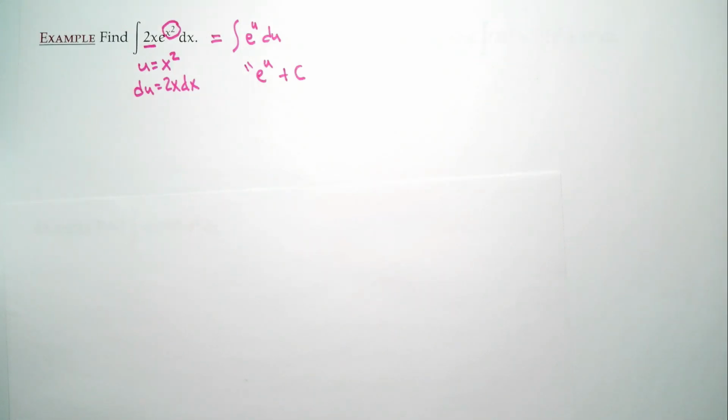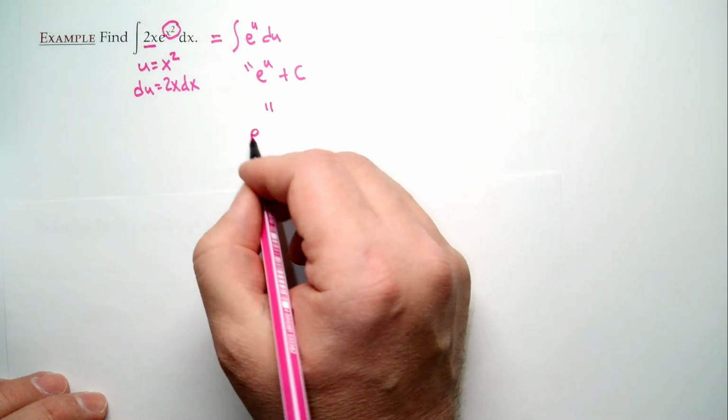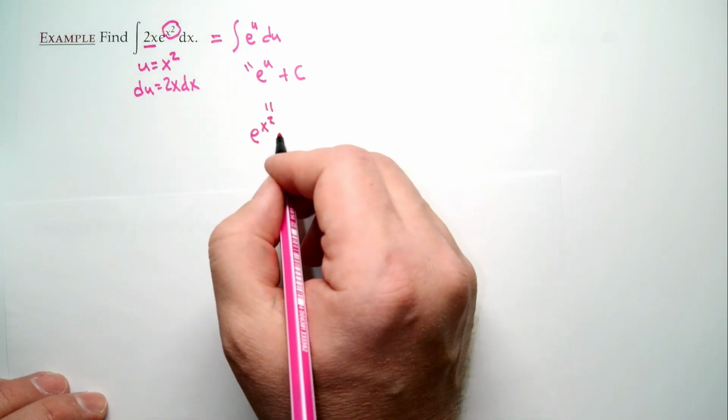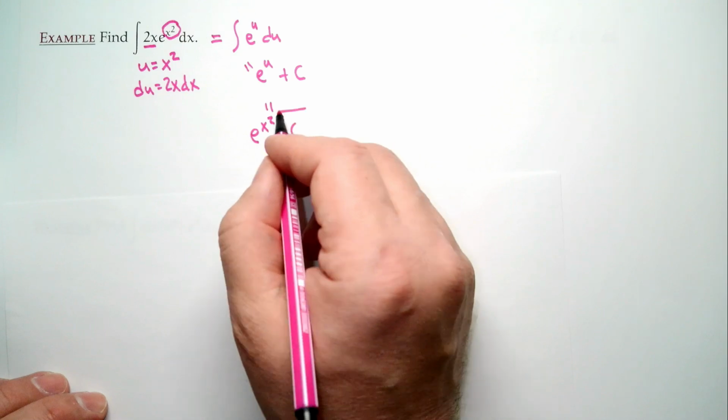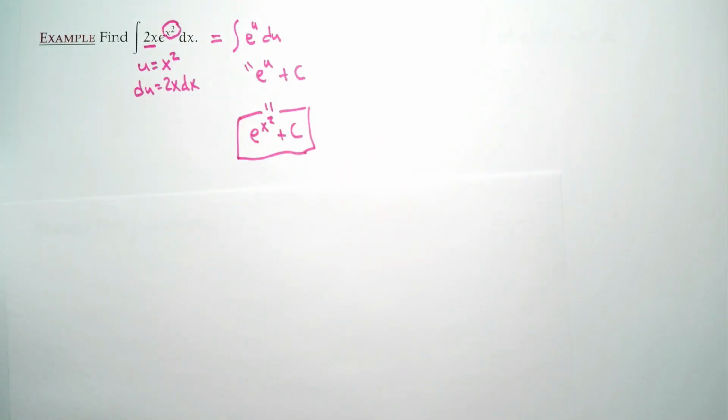Put in your plus c's. We're not done. What needs to be done to finish up? Back to x we go. So we replace u by x squared. So e to the x squared plus c. And we're done. All right, well, it's a warm-up. We'll get some more fun ones soon.